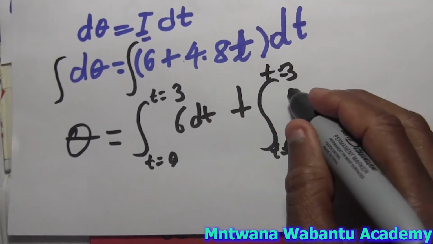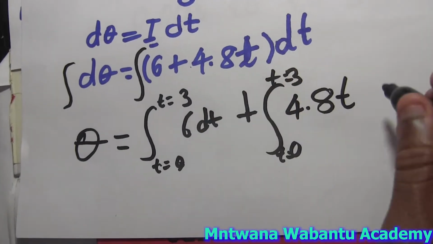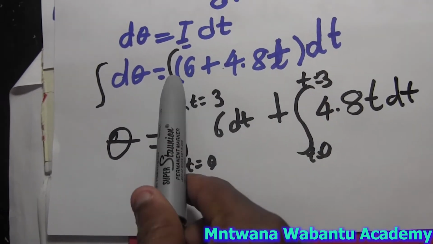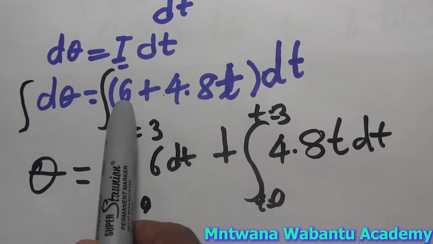For the first group, we write the integral of 6 dt, plus the integral from 0 to 3 of 4.8 t dt.